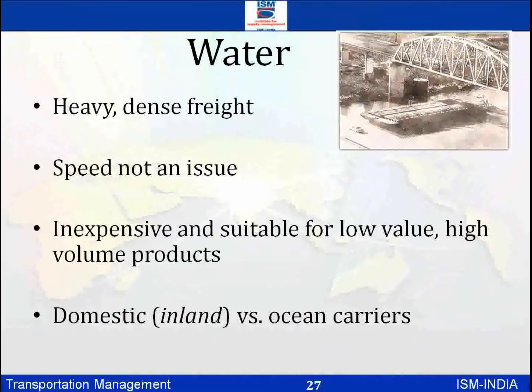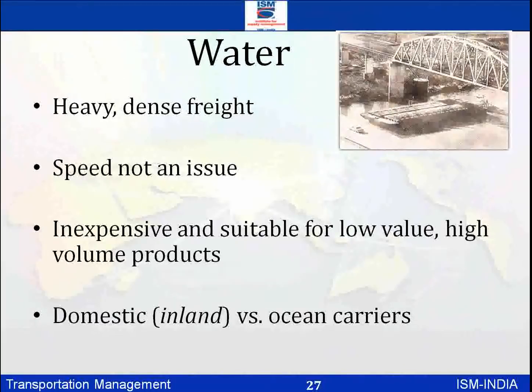Water, through sea, through canals, through rivers, that's also a mode of transportation. If we have seas and rivers and canals, they can be used to move goods from one corner to another. I would say more cost effective, less damage to the environment.